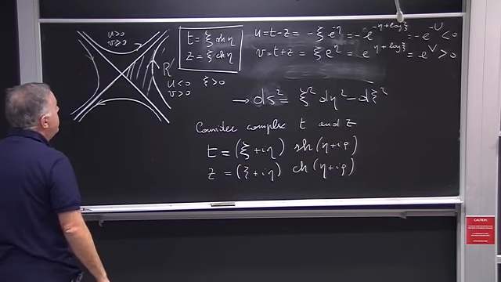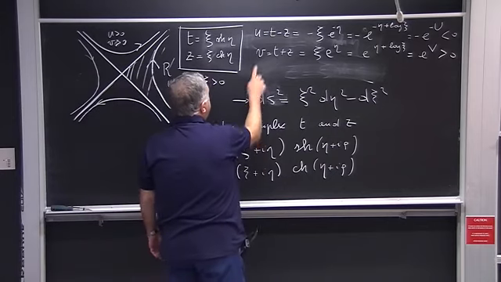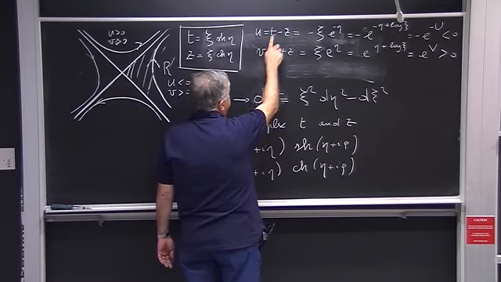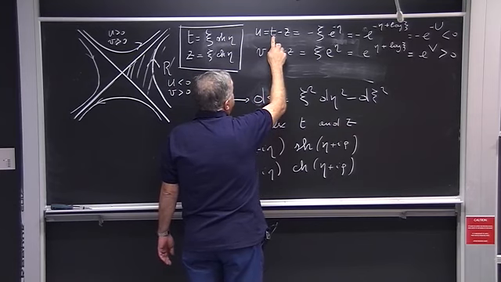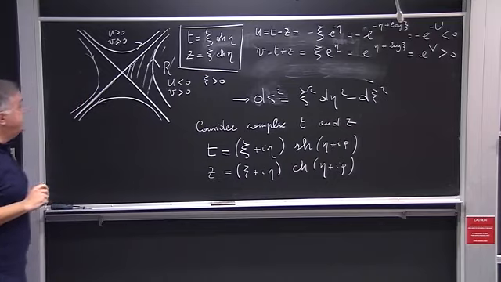Okay. One technical, very important step is to pass to light cone coordinates. They are defined as the difference and the sum of the time and space variables.